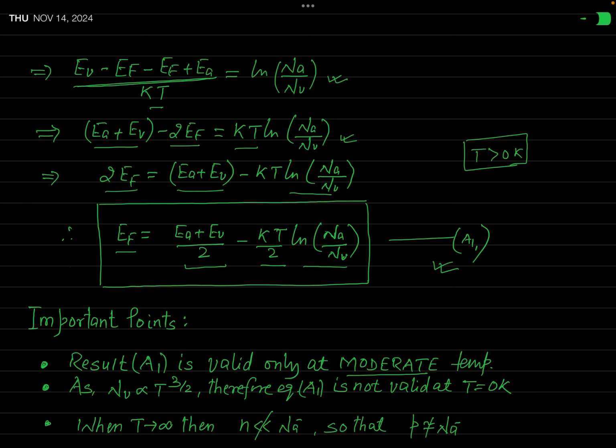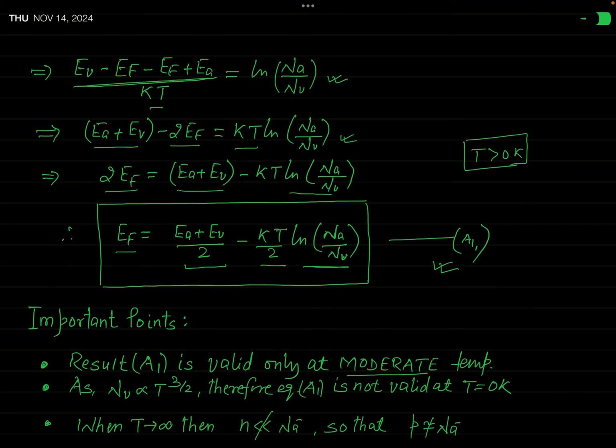It means this result will not be valid when you talk about a temperature which is near about 0 Kelvin or at 0 Kelvin temperature. This result will not be valid. And this result will also not be valid when temperature T is very large. It is infinitely large. Then it will again not be valid. But why? Let us see.